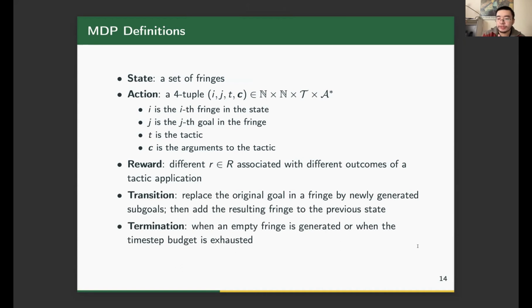When an empty fringe is generated, which means that we reached the QED of the proof, or when the time step budget is exhausted. Say we only allow a maximum of 50 steps, and if the agent is not able to find the proof in 50 steps, then we say that you have failed. You can start a next attempt, and we will do it again.